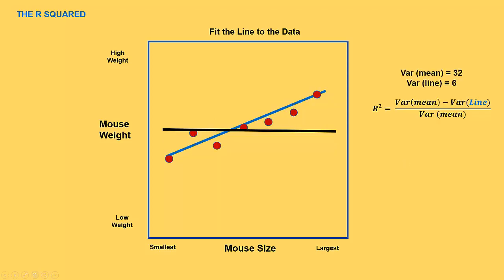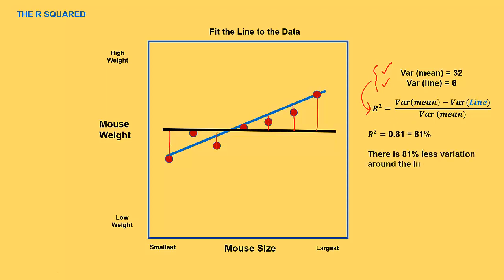Now suppose we have calculated the sum of the squares of the variations from the blue line, and it is 6, and the sum of the squares of the variation from this mean or average line is 32. And then we plug in these values in this R square formula and we calculate it.